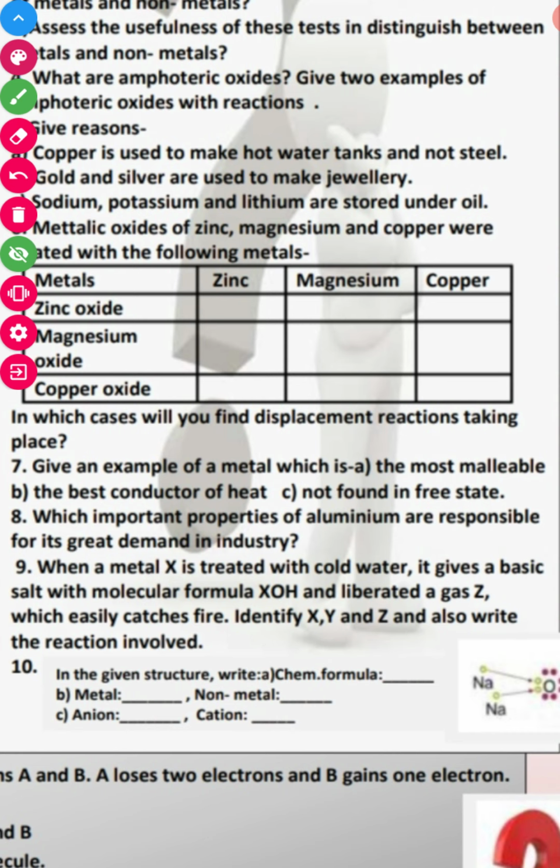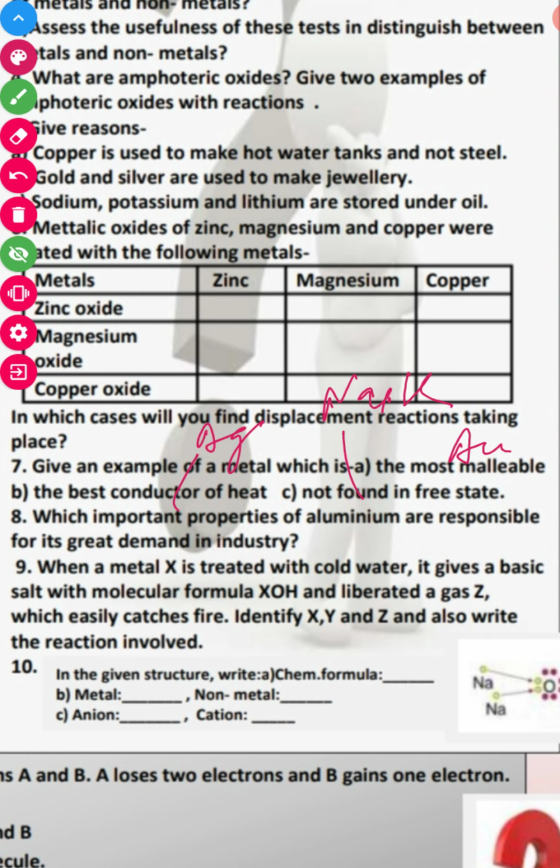The answer of this question is gold. The best conductor of heat is silver. Not found in free state: sodium and potassium. They are not found in free state in the environment.